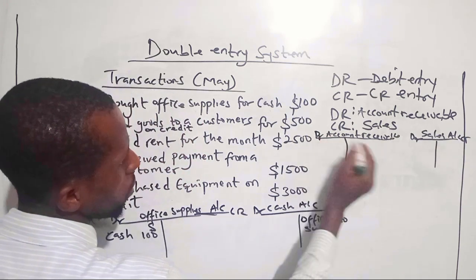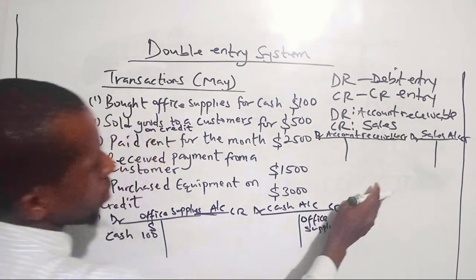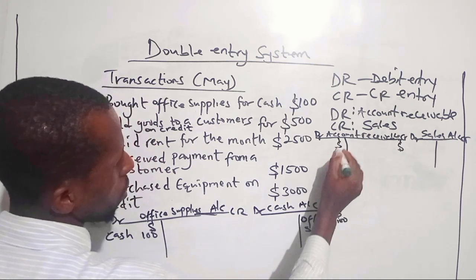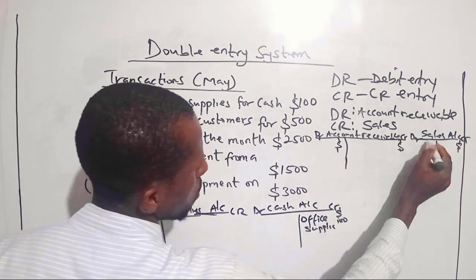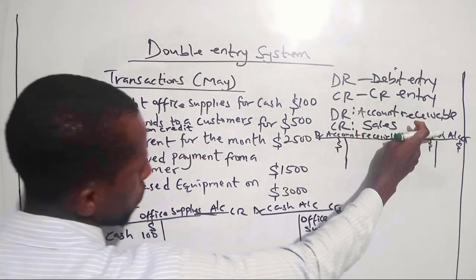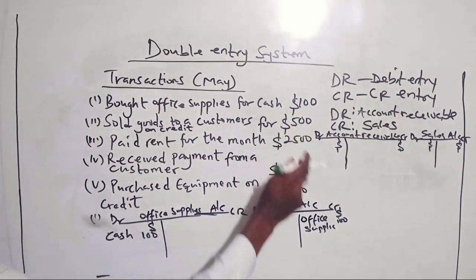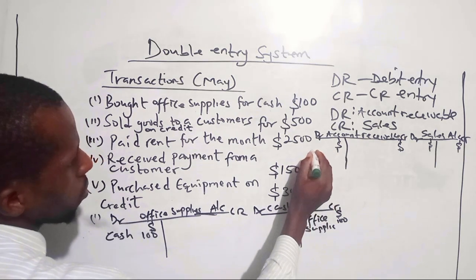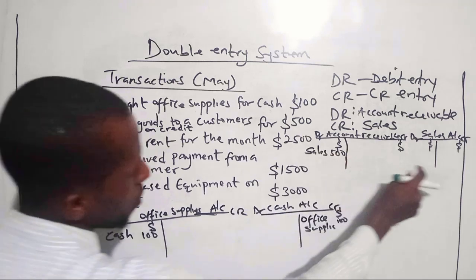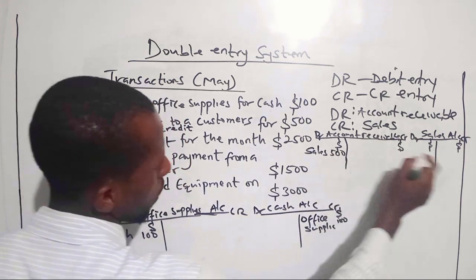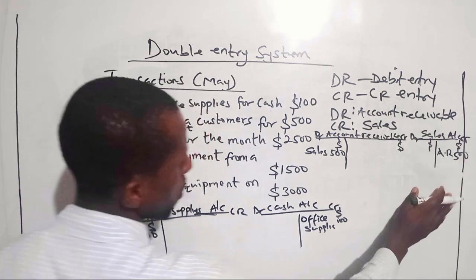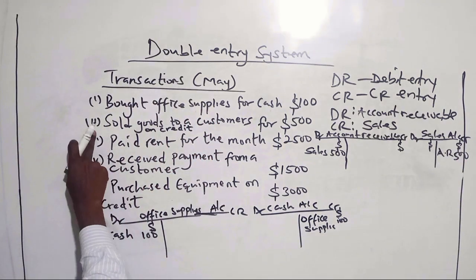We debit accounts receivable with this amount, $500. Here I have sales $500, and the corresponding credit comes here, which is sales, and the debit is accounts receivable, $500. So that's number two.